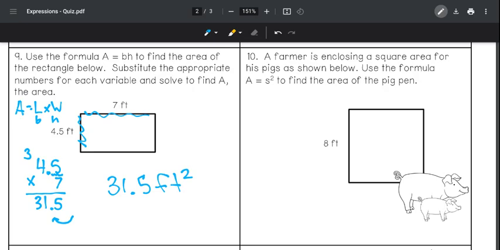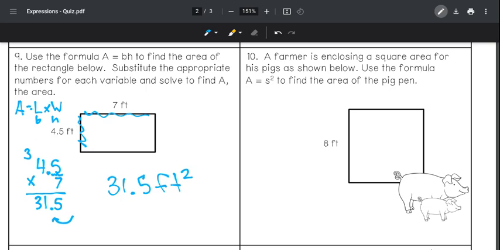All right, number 10. A farmer is enclosing a square area for his pigs as shown below. Use the formula A equals S squared to find the area. People were confused on this, but for no reason. It just changed the formula on us because we know squares have sides that are all the same length.